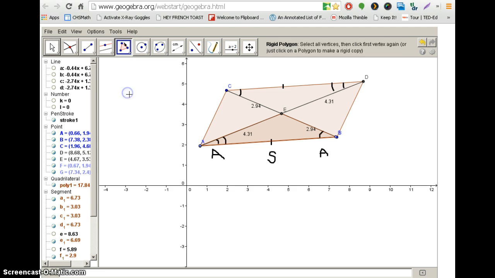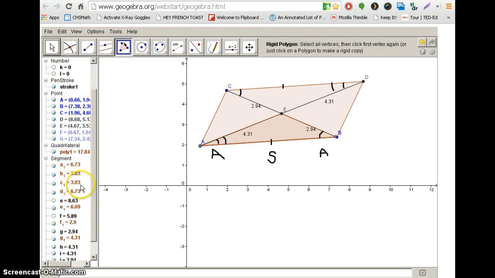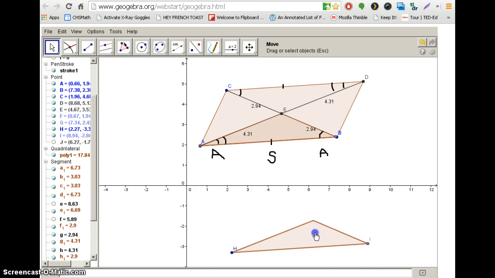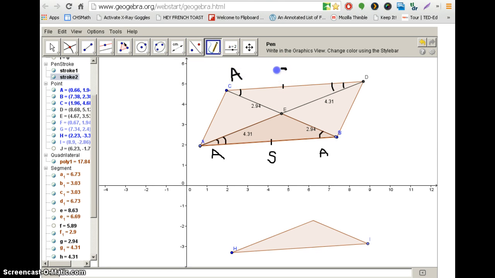So this triangle, which is right there, is going to be congruent to the other triangle, which matches angle, side, and angle. So we're looking inside of these triangles.